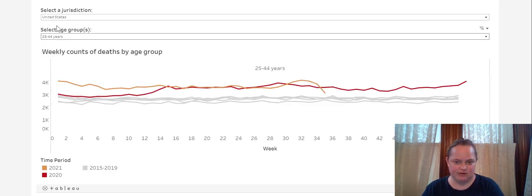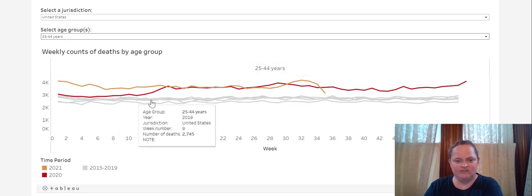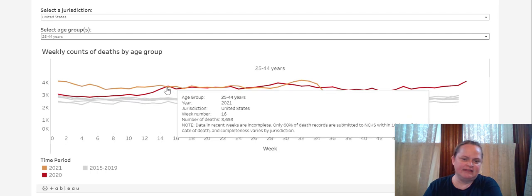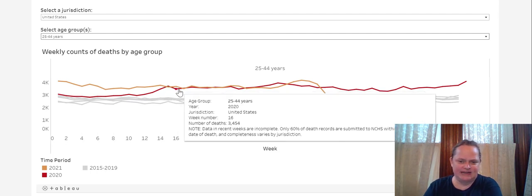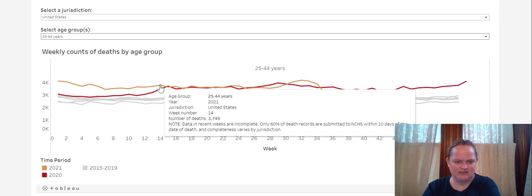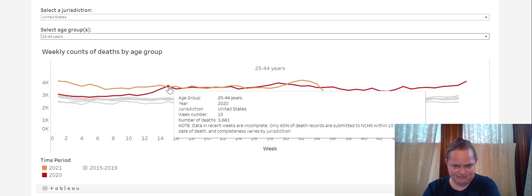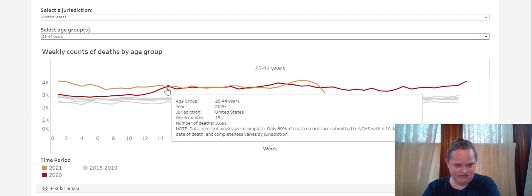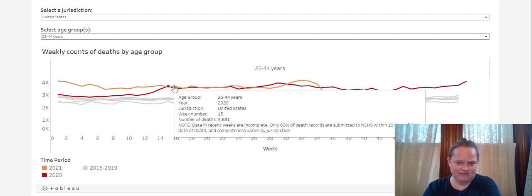age 25 to 44. And we'll notice this is very different from the over age 85 group, which tends to have a wave structure. First wave, second wave, third wave, etc. What you see here, and this goes by week number, it doesn't have the date on it, but this is spring 2020 that mortality starts to rise over the baseline level.